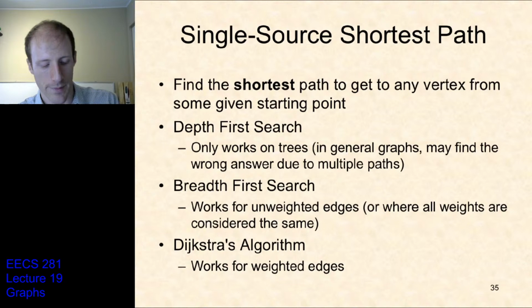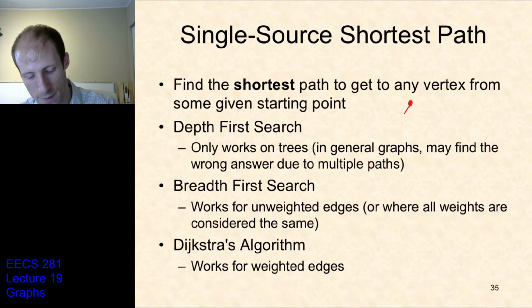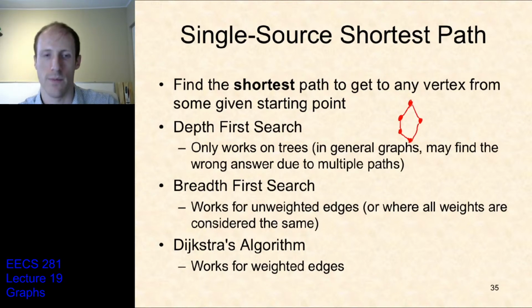So if we do this, we'll find depth first search will find a path between 2 nodes in the graph, but it won't necessarily find the shortest path. So, if we have some graph that looks like this, the right-hand side is the shorter path because it only has 2 edges.